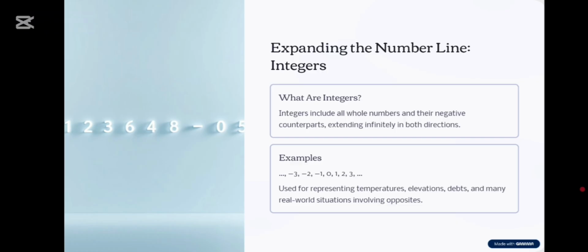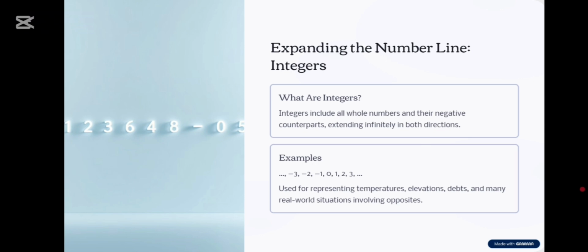These numbers are used for representing temperature, elevation, dates, and many real world situations involving opposites. Like temperature might be negative something or positive something, for example positive 20 degrees, negative 10 degrees Celsius. So those are integers, numbers with negatives.